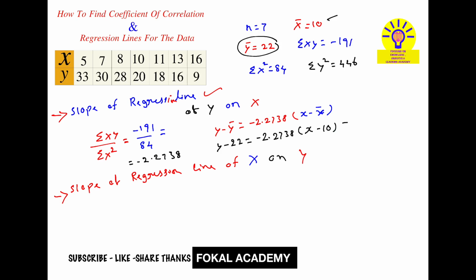By simplifying the equation, we get y equal to minus 2.2738x plus 44.738. So this is one line equation, one regression line.